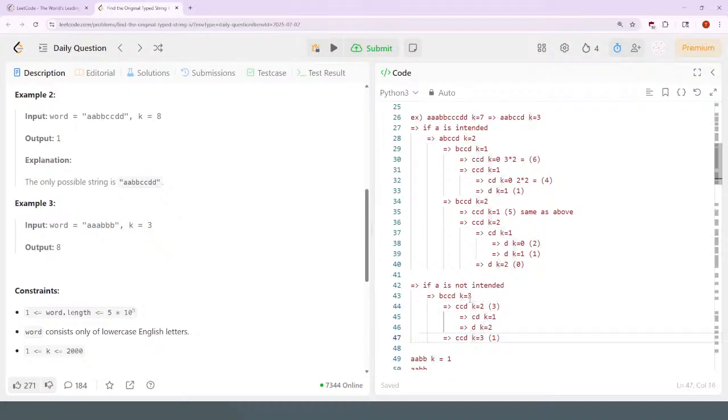So maybe I increment those states by 1. And then k equals 2, I go to either CCD k equals 1.